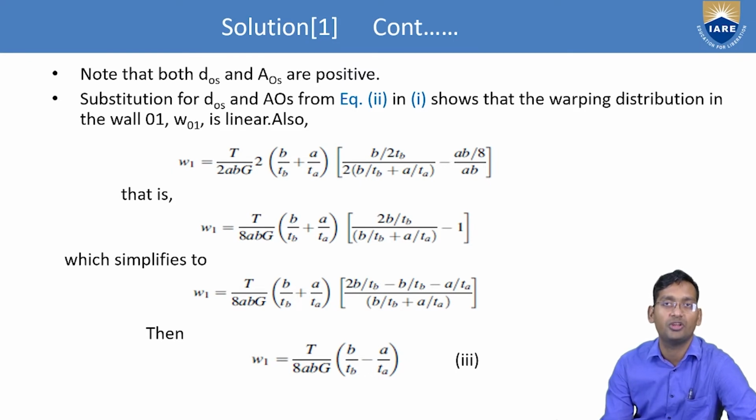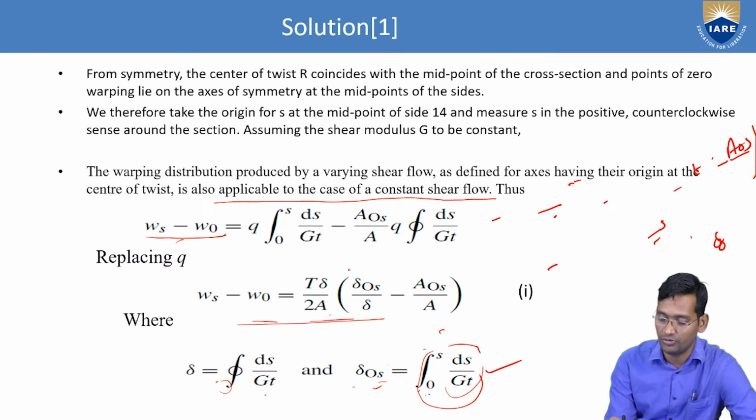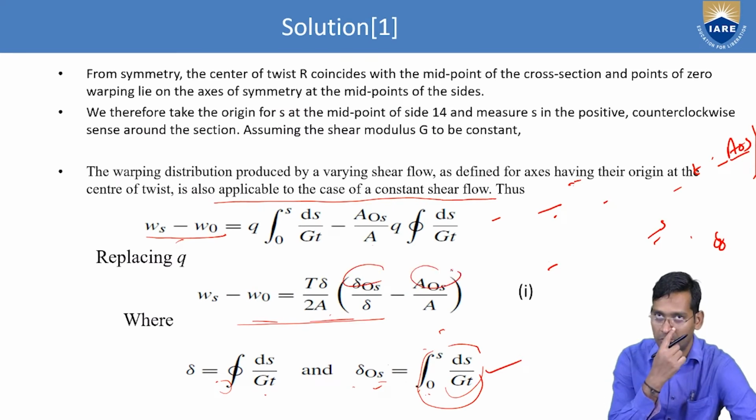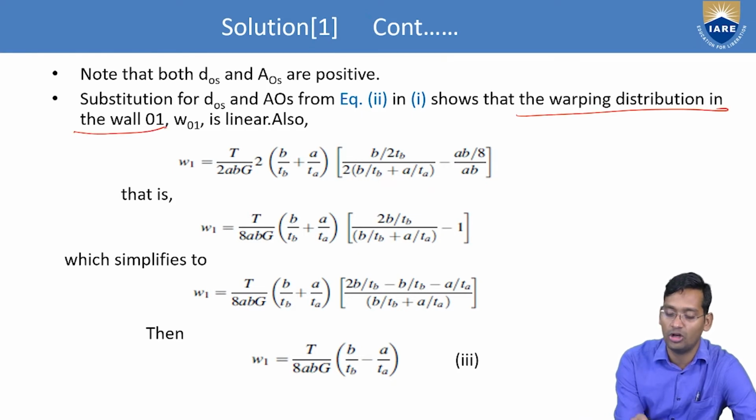So we substitute DOS and AOS from equation 2 in equation 1. Now substitute the delta, and this AOS value, in this equation. So after substituting 2 in 1, we get that the wrapping distribution in the wall, 0 to 1, that is W01, is linear.